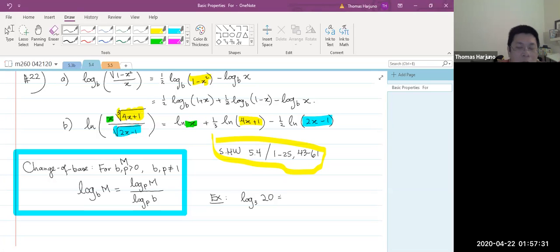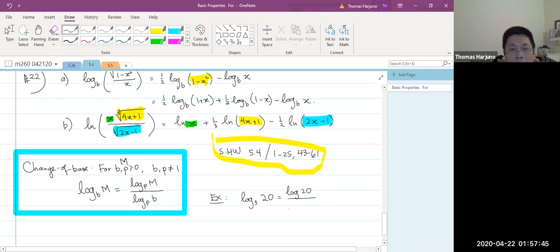On our calculator, we only have base 10 and base e. If I change it into base 10, it will be log base 10 of 20 over log base 10 of 3. If you change it into base e, you will get the same answer: natural log of 20 over natural log of 3. Either way, you will get the same answer.